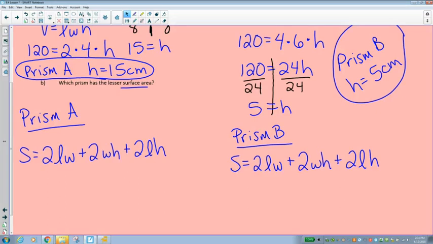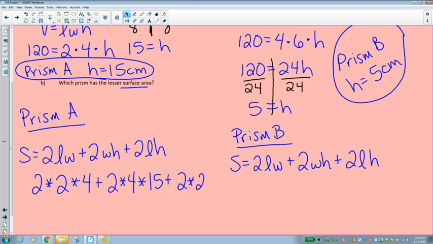So prism A: 2 times the length, which was 2, times the width, which was 4, plus 2 times the width, which was 4, times the height, which I found to be 15, plus 2 times the length, which is 2, times the height, which I found to be 15. And then I have to calculate this. So I'm going to do all the multiplying and then do the adding at the end.